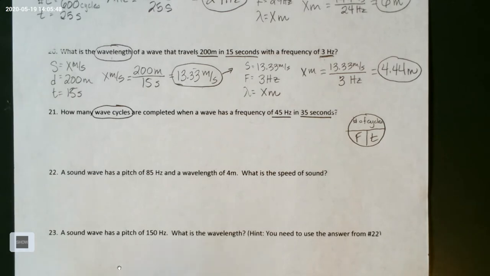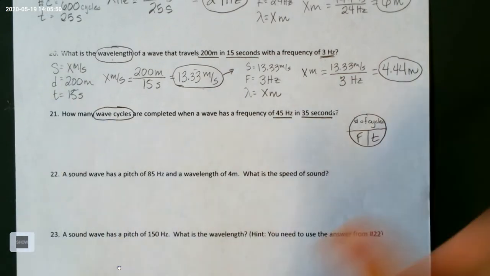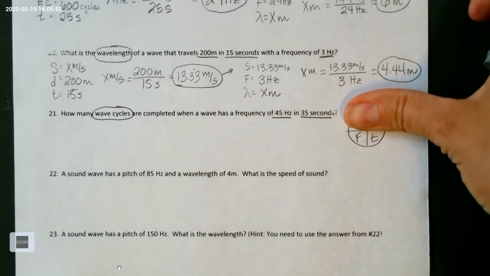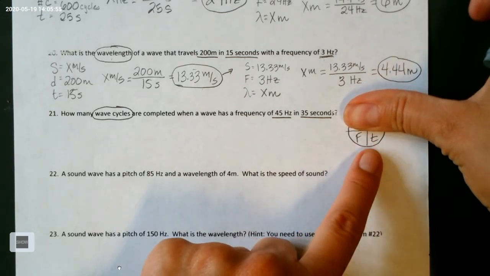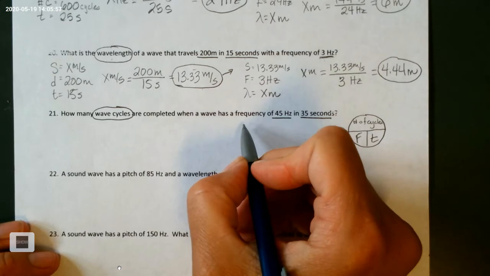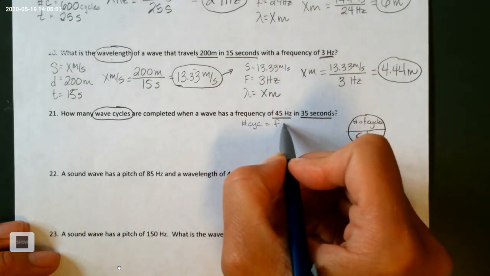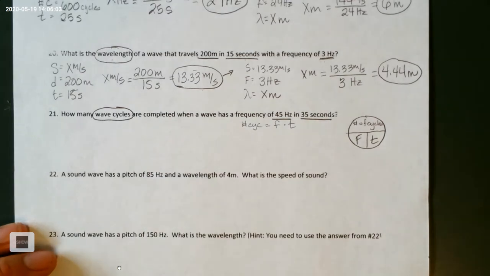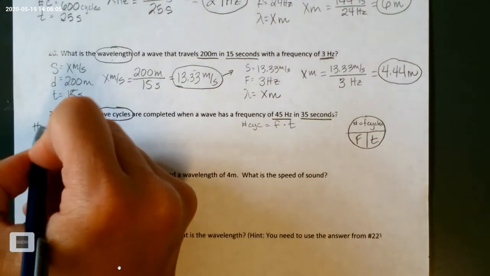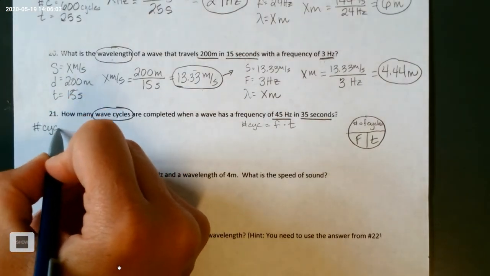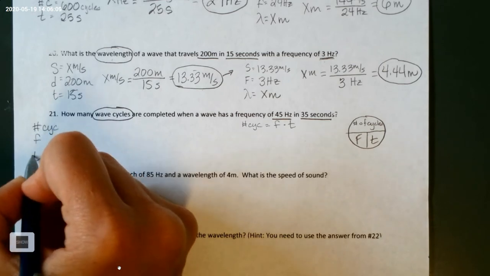So if we're looking for number of wave cycles, which we are, and we cover it up, we get frequency next to time. So that's a multiplication problem. So the equation we're going to use is number of cycles equals frequency multiplied by time. So we need to write out our variables, number of cycles, frequency, time.